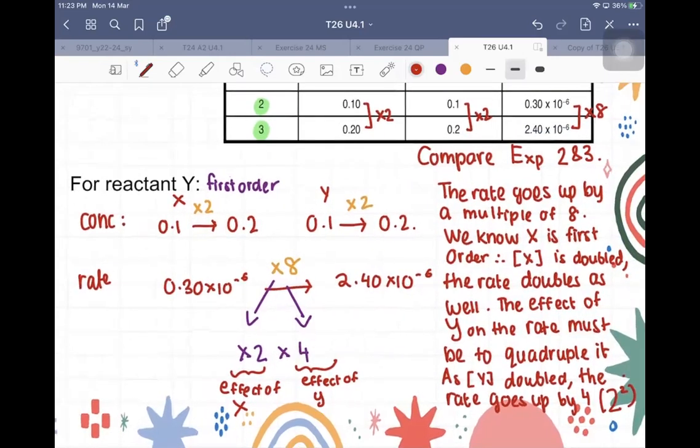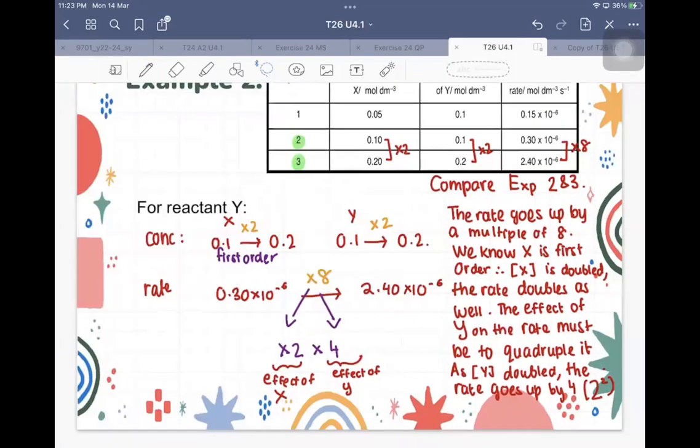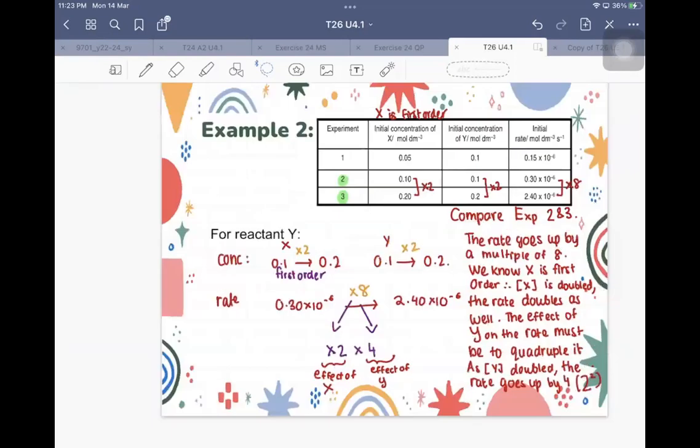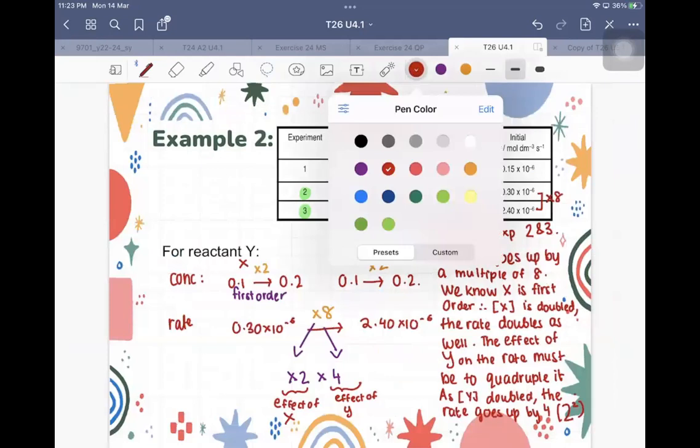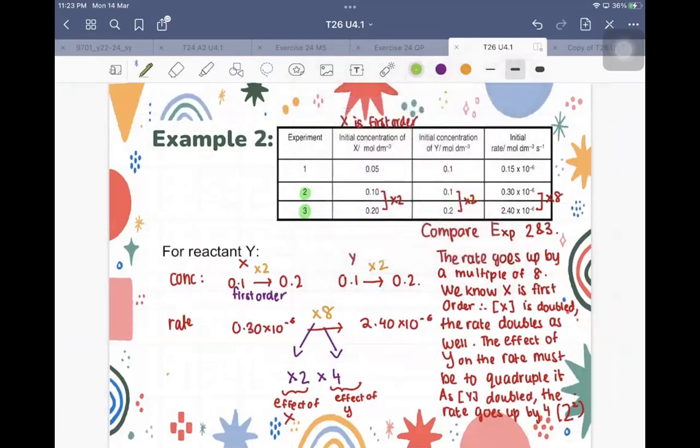Sorry, this first order, actually, I was referring to my x. So please move that, otherwise you will get confused. Therefore, y is second order. I don't know where else I can include that statement. Maybe here. Therefore, y is second order.